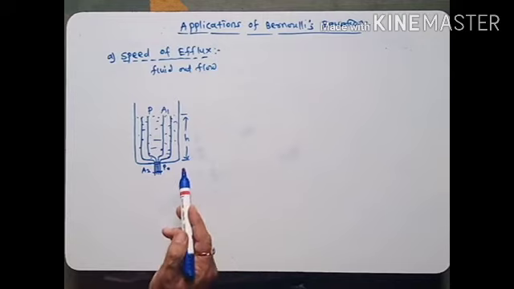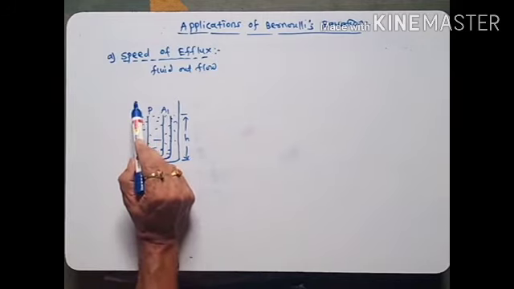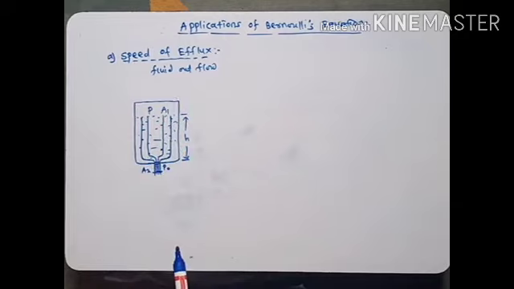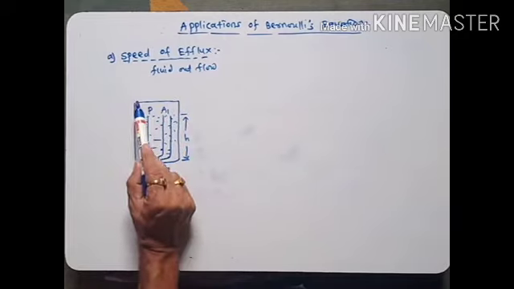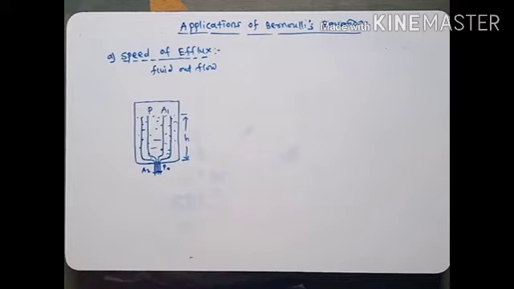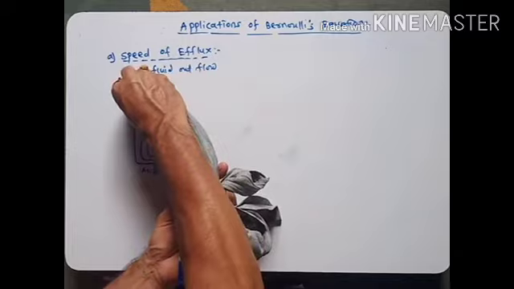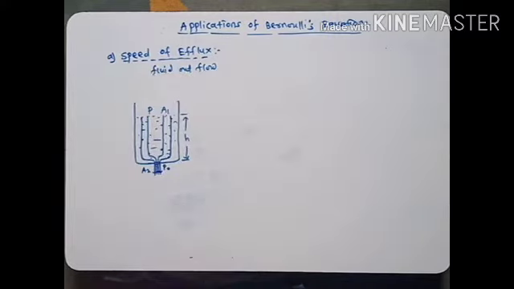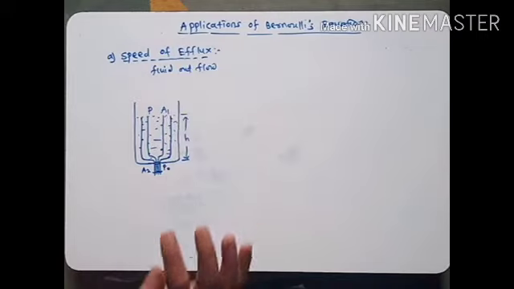In your textbook they have shown this side closed, but if it is totally closed, then the fluid does not come out in the downward direction. Therefore we make one correction in the textbook: the container is open from the upper end.